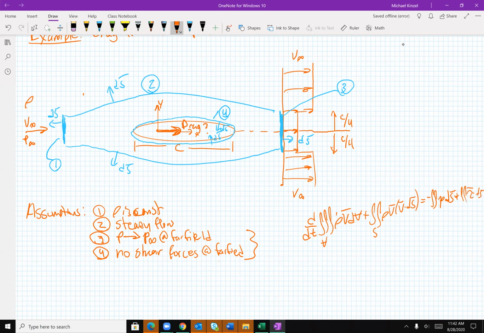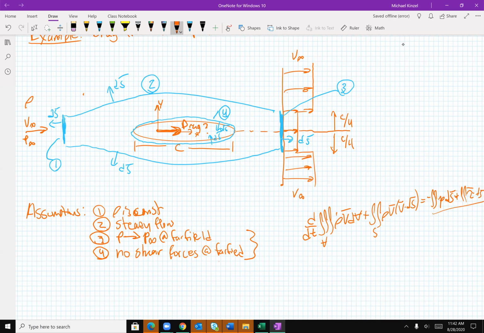So what we're going to do is use this term on surface 4 to give us our drag, or the forces. This term on surfaces 3, 2, and 1 is going to go to 0 based on assumptions 3 and 4.